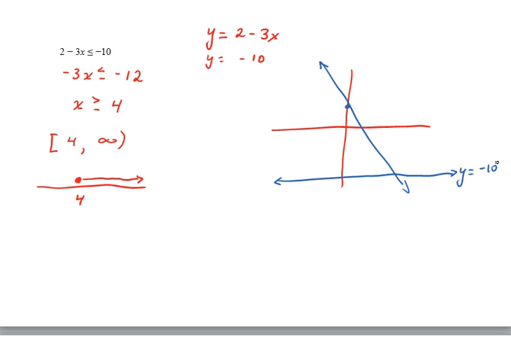And so we're asking, where is 2 minus 3x, the y value on that graph, smaller than negative 10?